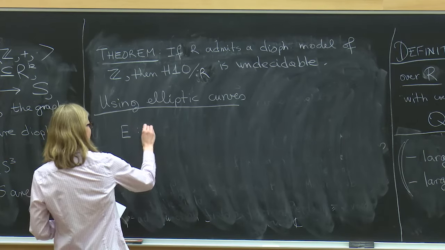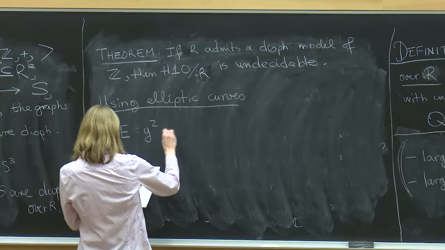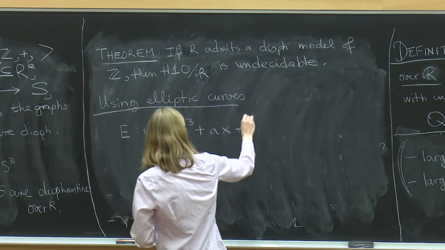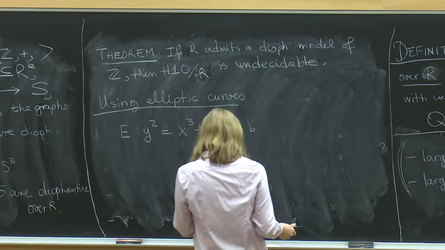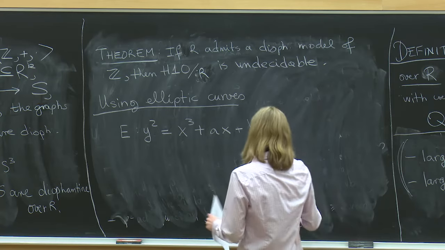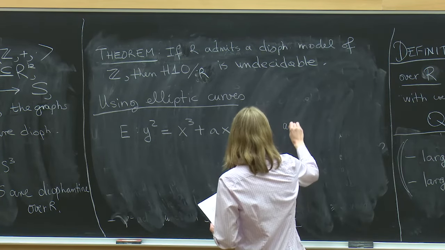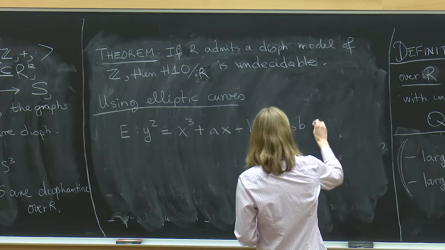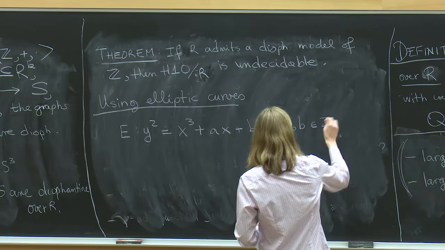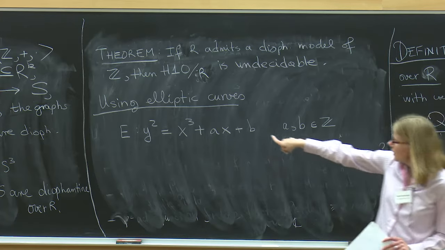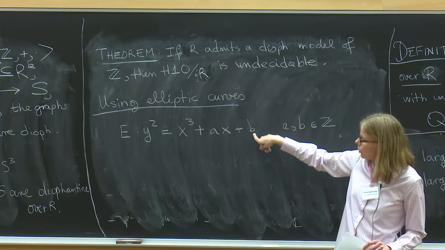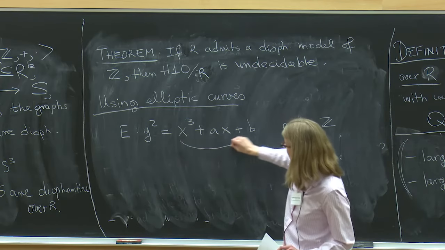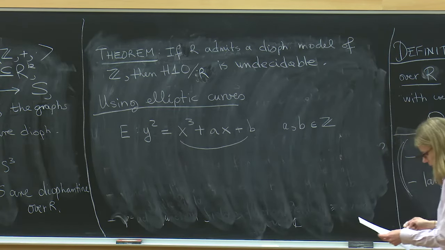So we have some elliptic curve equation. Let me do a simplified Weierstrass equation here. Everything we're going to be doing will be over subrings of Q, over number fields. Let's just pick our A and B. This is going to define an elliptic curve over Q as long as the right-hand side does not have any repeated roots.